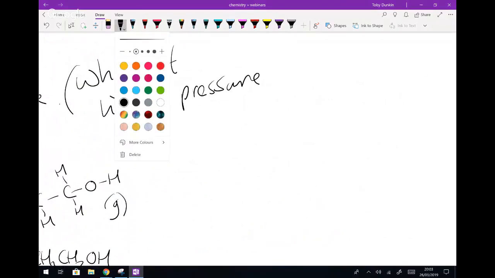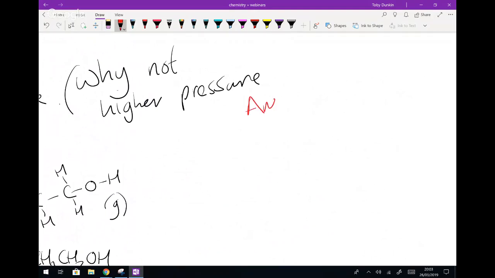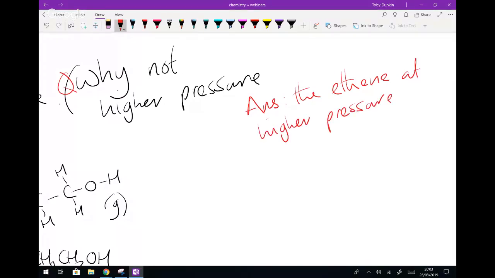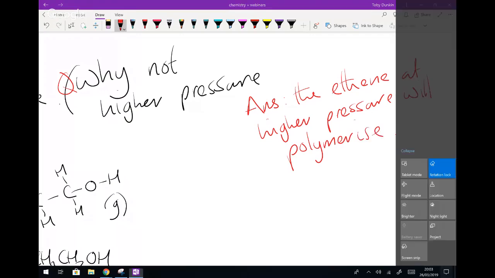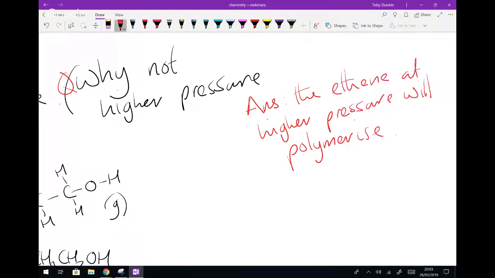And the answer to that question is, the ethene at higher pressures will polymerize. It'll turn into plastic. And we're not trying to make plastic here, folks. What we're trying to make is ethanol.